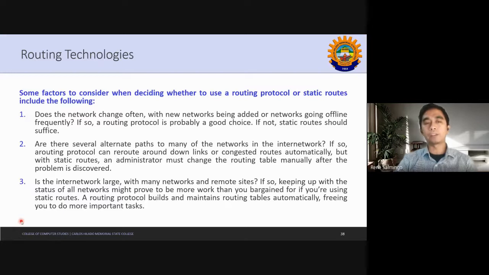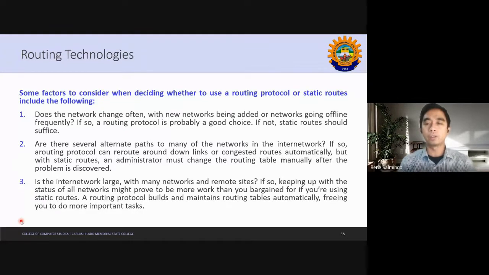So what are the factors we are going to consider when deciding to use a routing protocol or static routes? The first question that comes to mind is, does the network change often? With new networks being added or networks going offline frequently, a routing protocol is probably a good choice.